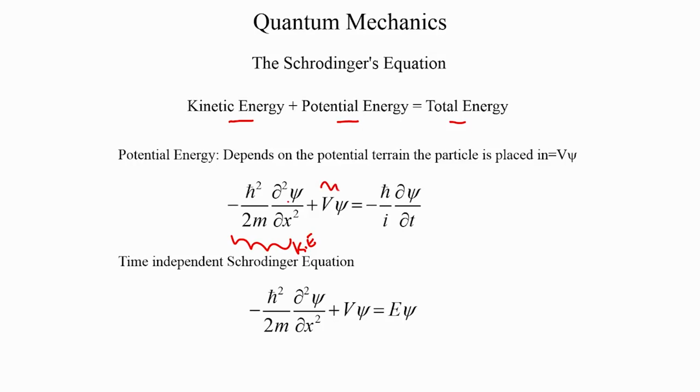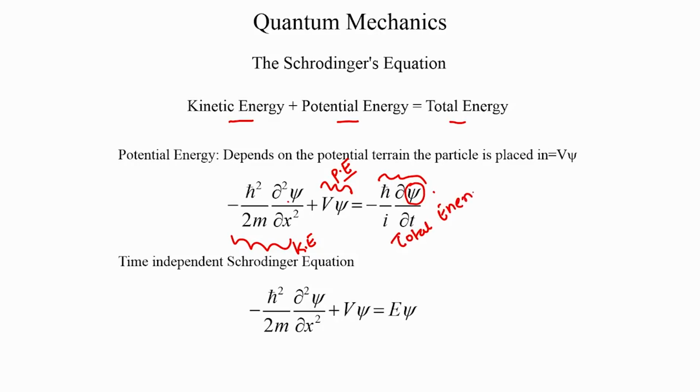The potential energy is dependent on the potential terrain, or the potential profile, in which this wave particle sits, and based on the different experiments or models that we study, this potential terrain needs to be identified and defined correctly. The total energy, which is the summation of the potential and kinetic energy, is given by the total energy operator operating on the wave function.